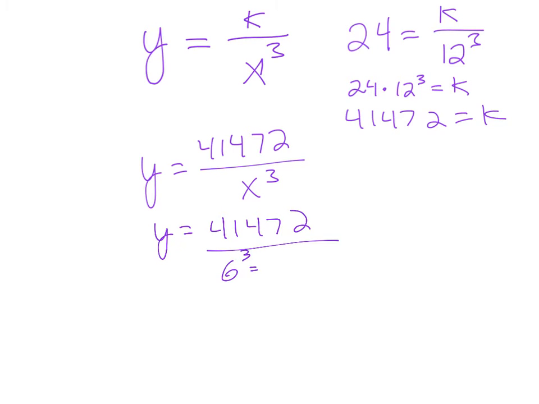And 6 cubed is 216. So if I take 41472 and I divide it by 216, I get 192. So that's my answer to the question.